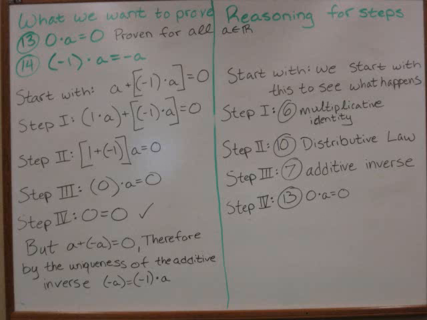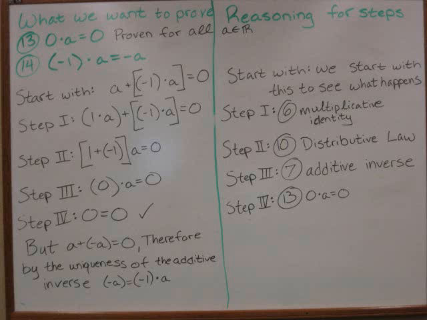So now that we've proven 0 times a equals 0, we're going to go on to the next one, which is negative 1 times a equals negative a. So we're going to start with a plus negative 1 times a equals 0, which is 1 times a plus negative 1 times a equals 0. We can do this because it's the multiplicative identity. Then we use the reverse distributive law to get 1 plus negative 1 times a equals 0.